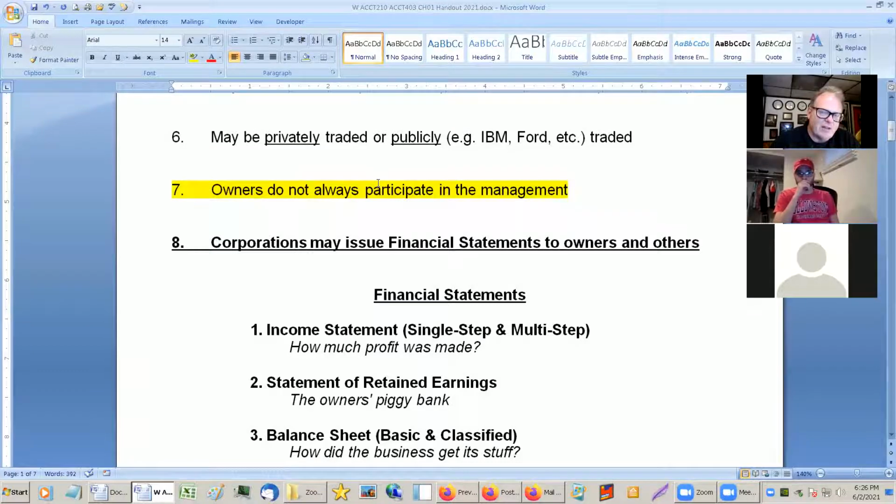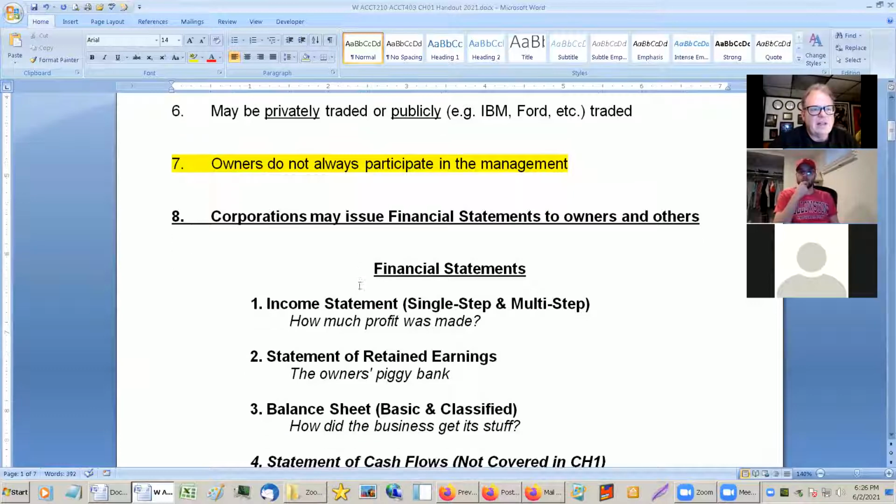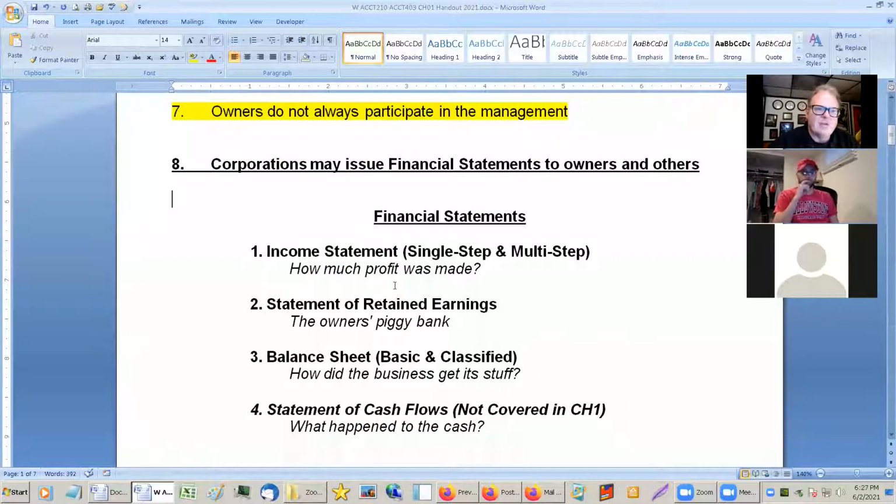Somehow you have to tell them what's going on with the business, right? I mean, you can't just walk into IBM and say, oh, I own IBM stock, and start looking through the records. You can't do that. So they will issue financial statements, and these financial statements will basically let you know how well the company's doing, at least financially.